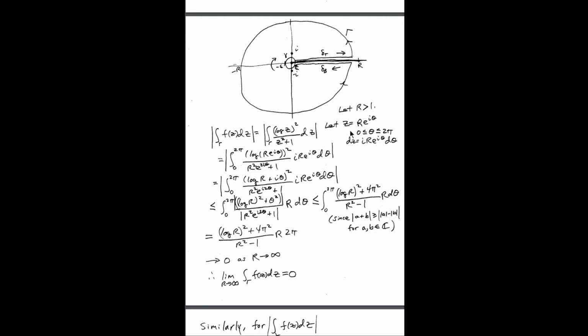And substituting our thetas in there for z's, this will equal the absolute value of the integral from 0 to 2π of the quantity (log of R e^(iθ))^2 over R^2 e^(i2θ) + 1 in the denominator, times iR e^(iθ) dθ. That's just our dz right there.